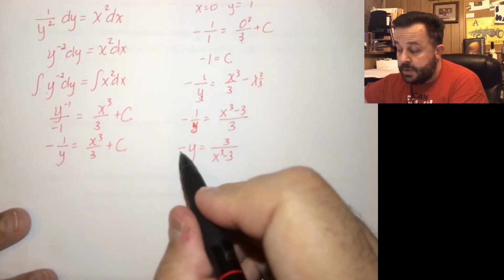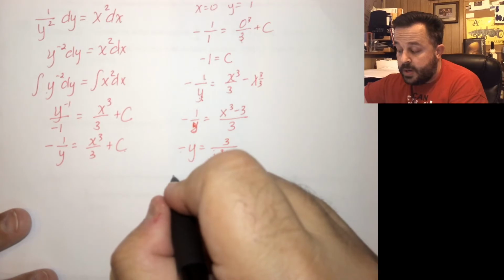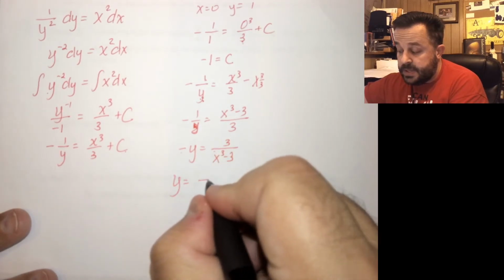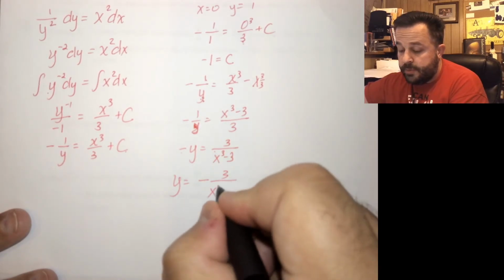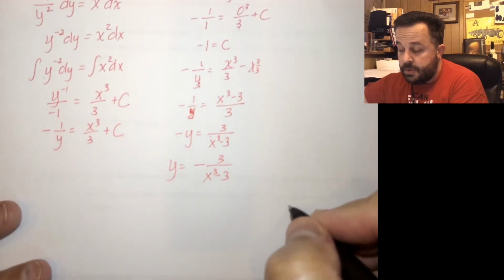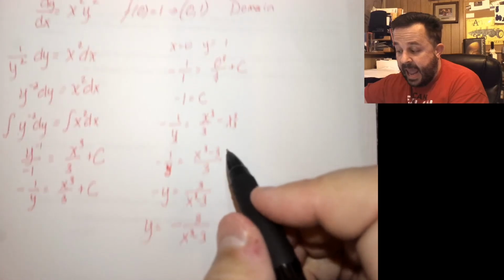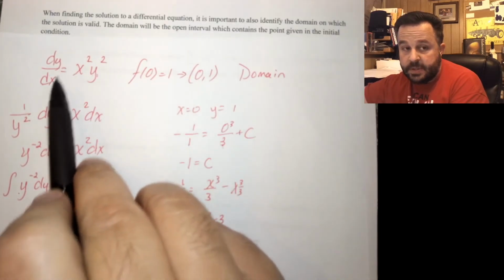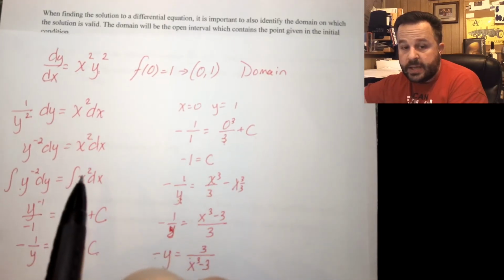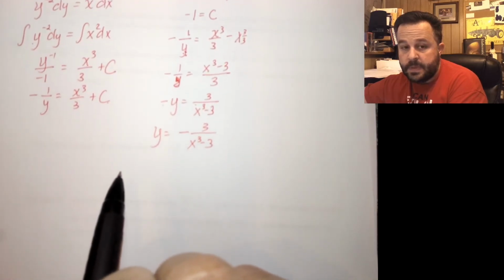Now to finish solving, we just multiply both sides by negative 1, so I get y is equal to negative 3 over x cubed minus 3. So that is our function that has as its derivative dy dx is equal to x squared y squared.